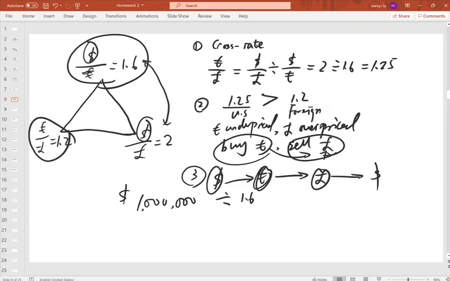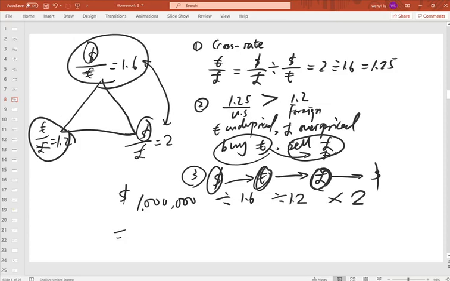You can see for 1.2 euros equal to 1 pound, so we divide by 1.2 to get pounds, right? Last, we get dollars back. For 1 pound we have $2, so we times 2, right? That's our steps. So 1 million over 1.6, then divided by 1.2, then times 2.